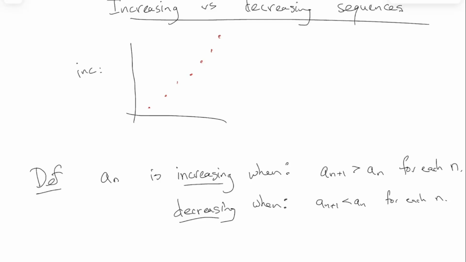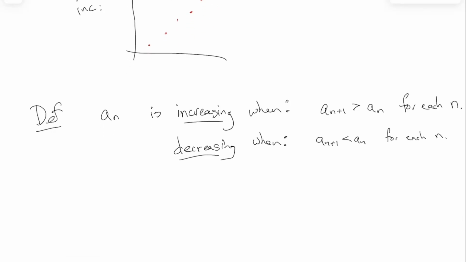And there's one more word that comes up often. A sequence, this is a somewhat fancy word, is called monotone. In ordinary language, when somebody says that guy's voice is so monotone, that kind of means it's just doing the same thing over and over again.